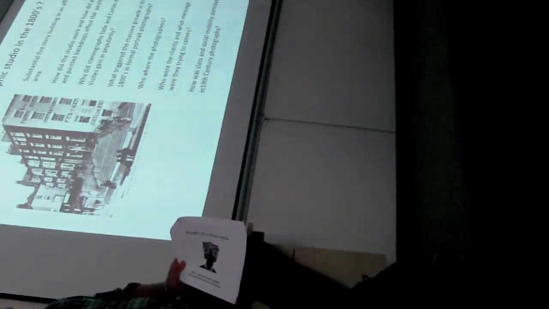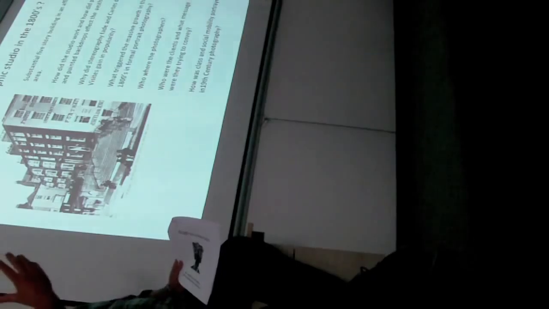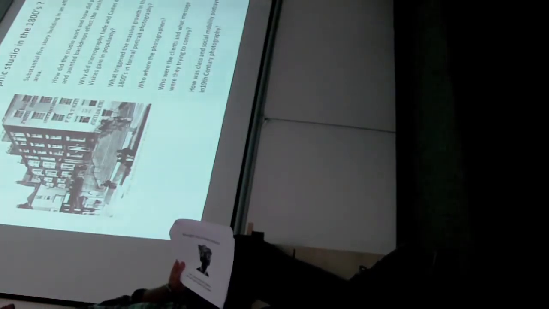We've obviously got lots of people coming through the door. How do they use the props? What was the aesthetic? What were the messages being given out by the images they were producing? Why did stereography fade and carte de visites gain in popularity? And what was the social class that was visiting these places?